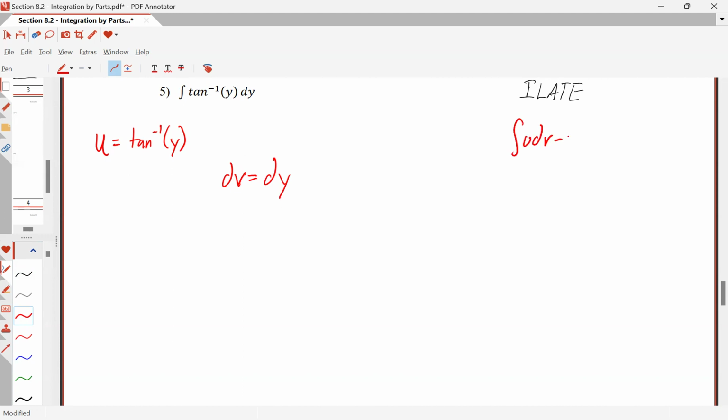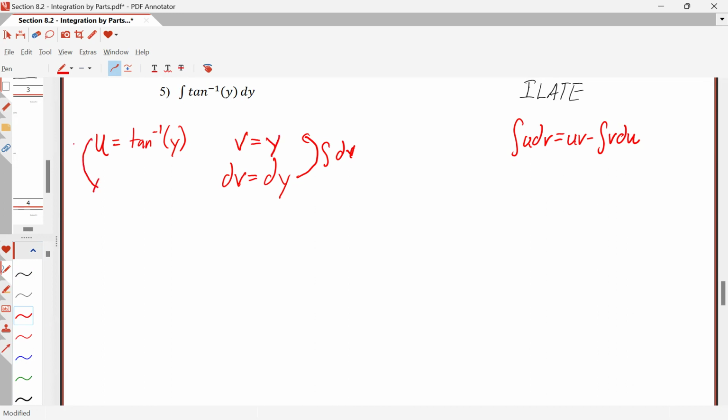Remember our integration by parts formula? We need to find the integral of dv, which is v equals y.